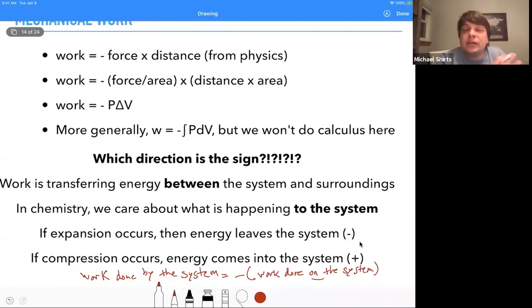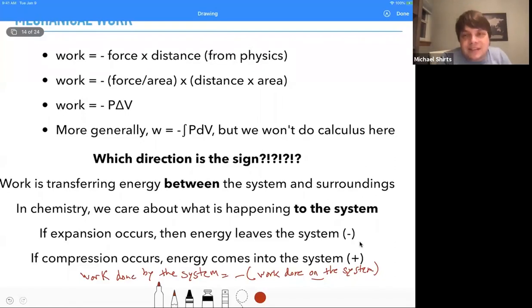Again, the convention we use in essentially all chemistry is work equals minus P delta V, because we care about the work being done to the system, how the system is receiving that work. So again, it's a convention.